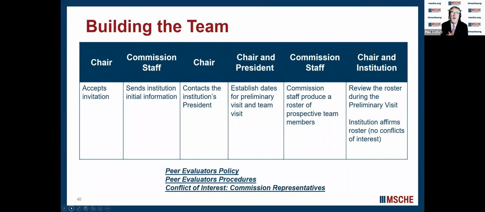We will offer a roster of potential team members. Typically, it's about 7 folks. Something that's a little different now is that we also have a vice chair. This is somebody who's a very experienced peer evaluator and aids the chair. Your CEO will get a chance to look at that list and assure that there are no conflicts of interest among the members of the team.